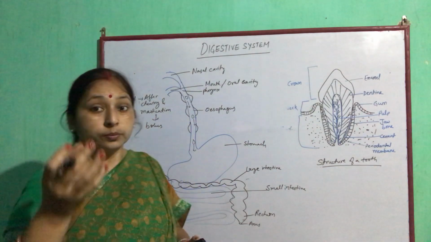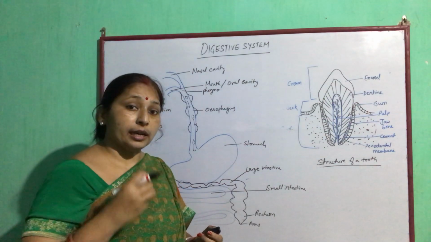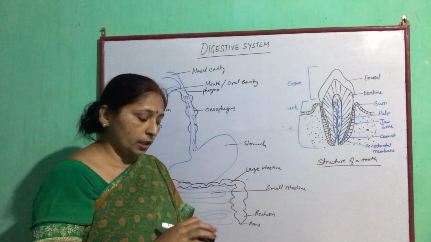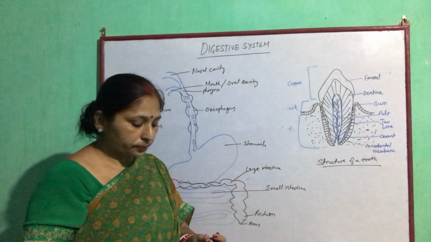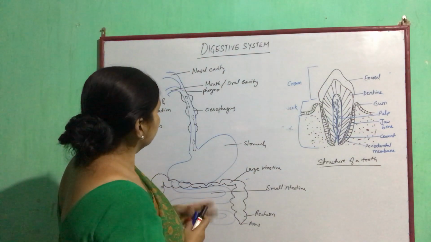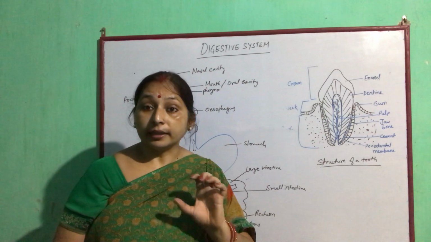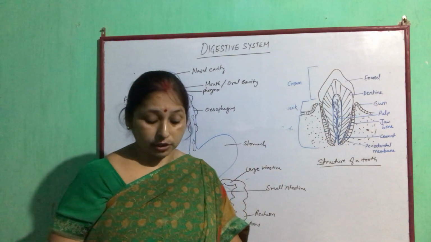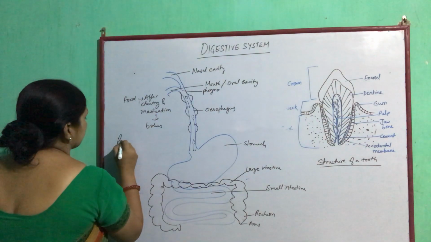So the food enters the esophagus by the contraction and relaxation of the esophageal muscles, and this movement has a technical term, and that technical term is peristalsis.